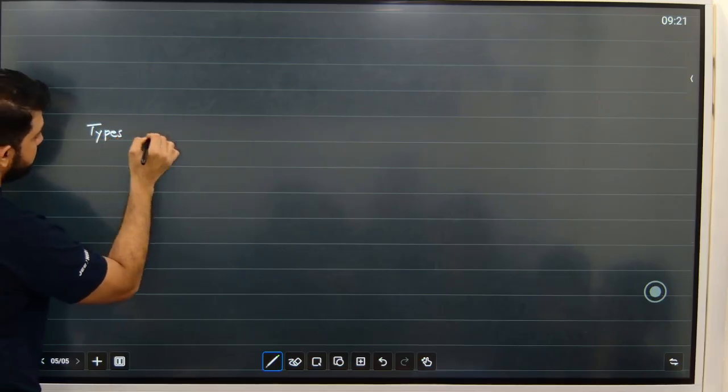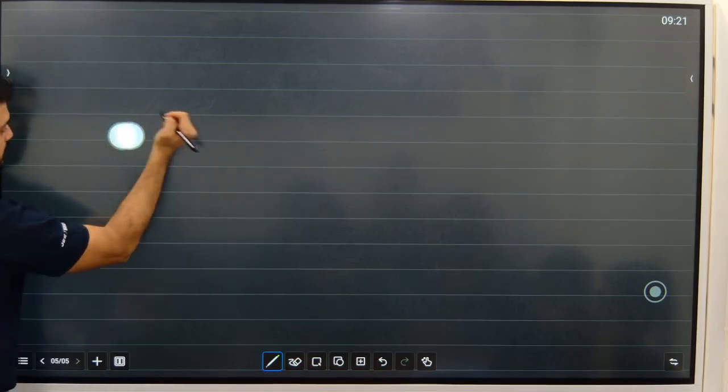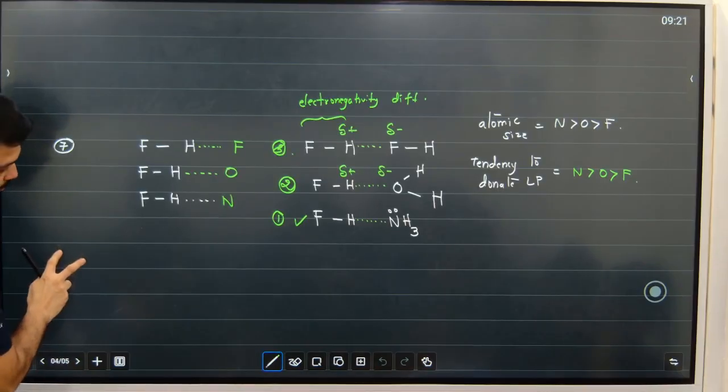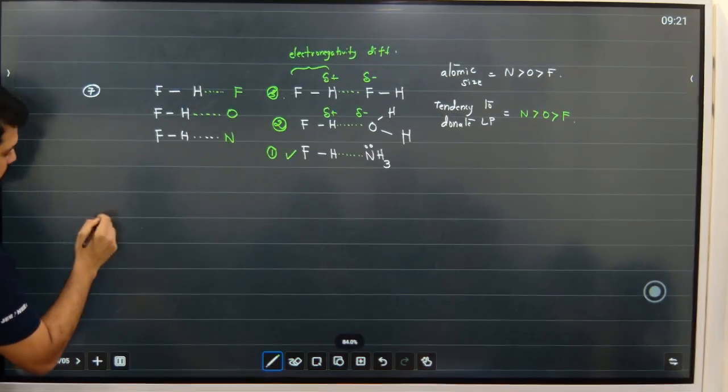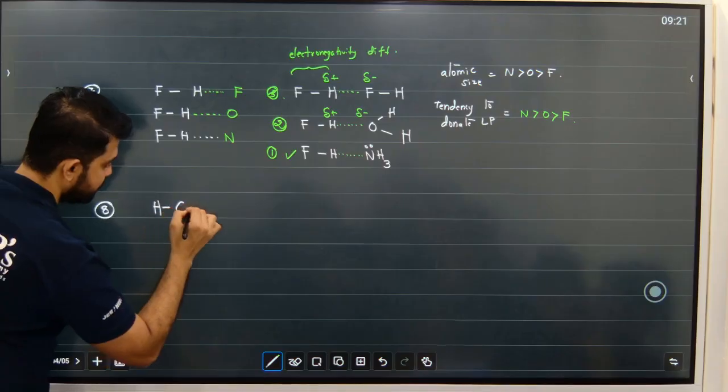Now, types of hydrogen bonds. Okay, one more exception before we directly jump on to types. Hydrogen cyanide.